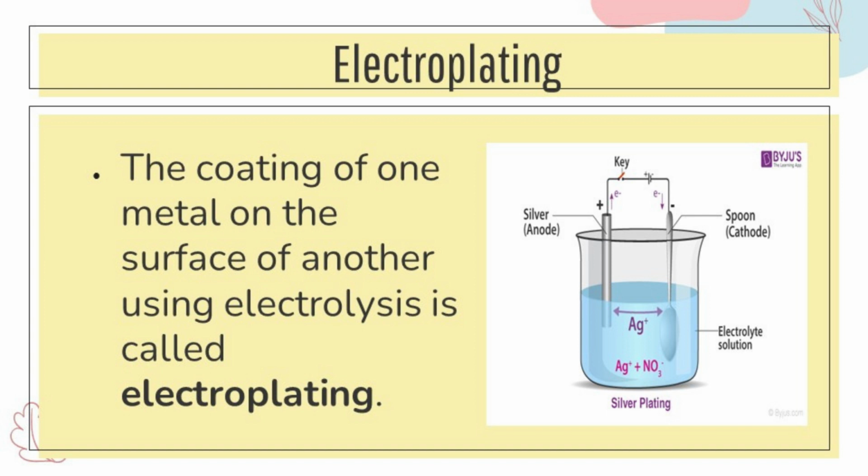Okay, so bakit nga ba natin kinakailangan na mag-undergo, or ba't kailangan ng spoon na mag-undergo through electroplating? So number one, ginagawa nitong matibay yung ating spoon, and syempre mas magandang tingnan. And then number two naman, ayun nga, it prevents corrosion. Okay? So that is the process of electroplating.